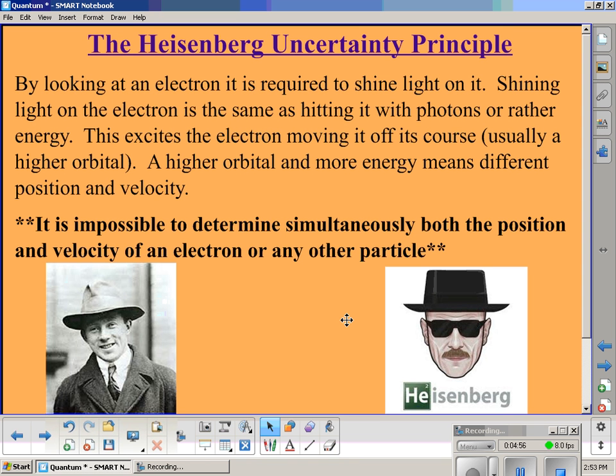A higher orbital and more energy means a different position and velocity. So the Heisenberg uncertainty principle, in a nutshell: it's impossible to determine at the same time both the position and velocity of an electron or any other tiny particle. The very act of looking at an electron changes its position and its velocity. How weird is that?